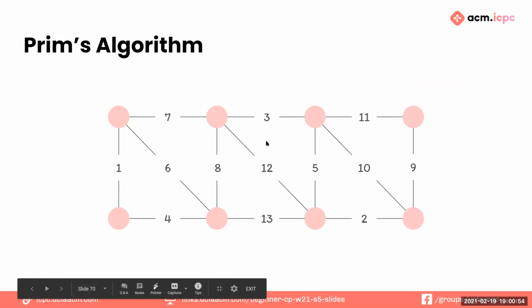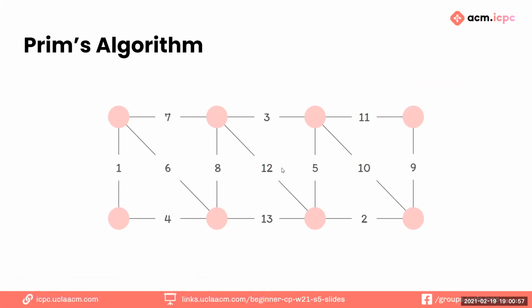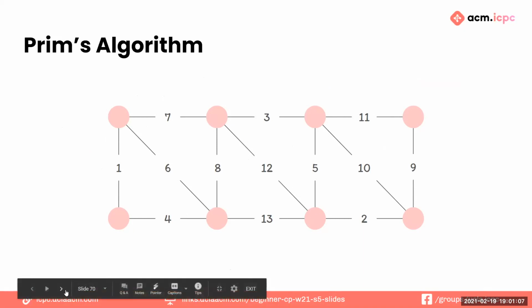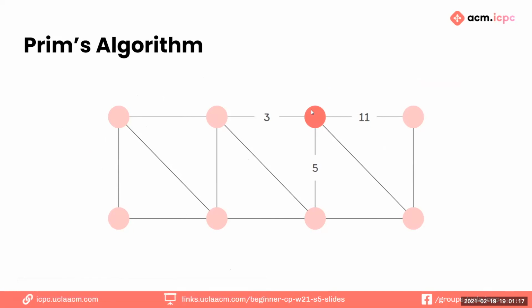This is the graph that we've seen before. This is just a regular weighted graph, and we're going to run Prim's algorithm on it. First we want to choose a root. So we'll choose this vertex right here, and we look at all the edges that go from a darkened vertex to a lightened vertex.